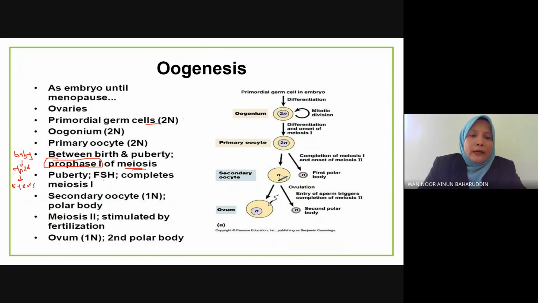After puberty, at the onset of puberty, the controlling hormone FSH will be released, and this hormone triggers the completion of meiosis 1. From prophase to metaphase, anaphase, and so on, they are released directly after meiosis 1.